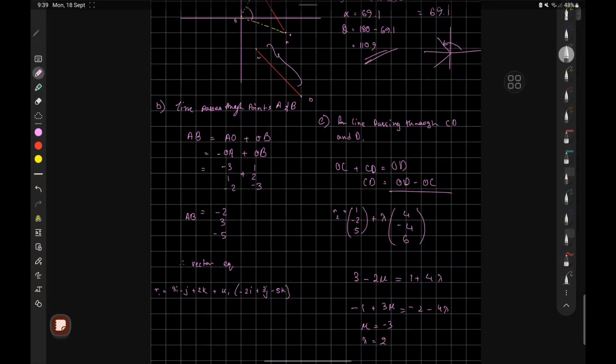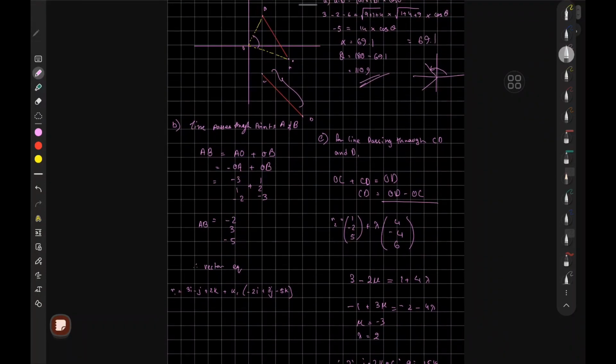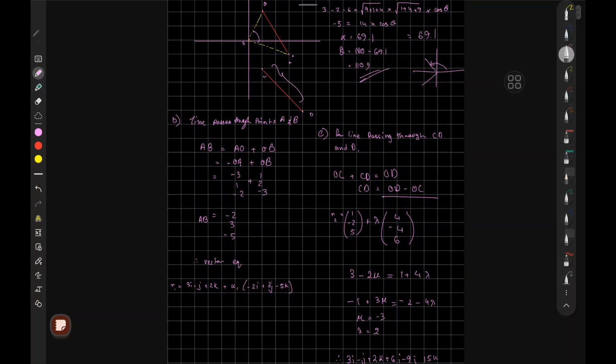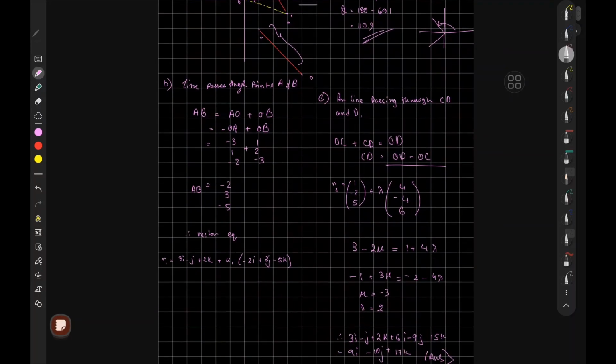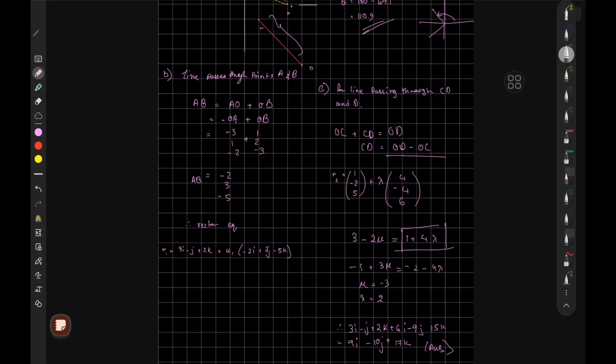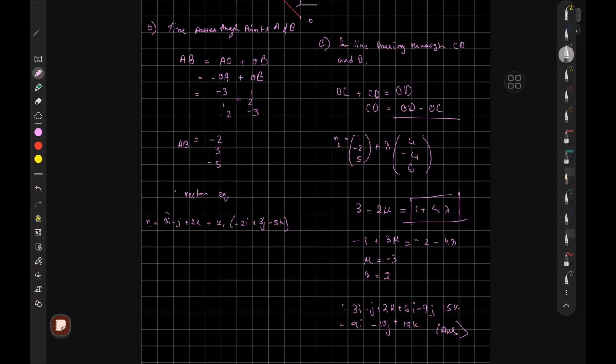Nice. Next up, what do we do? We're basically going to compare this part of the equation with this part of the equation. So this entire equation is for AB. This is the AB vector equation.